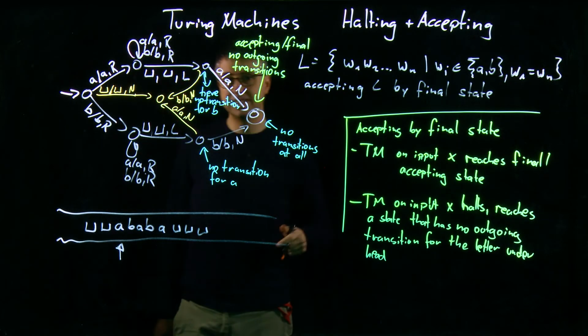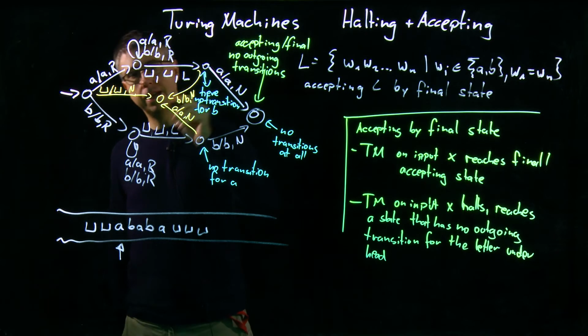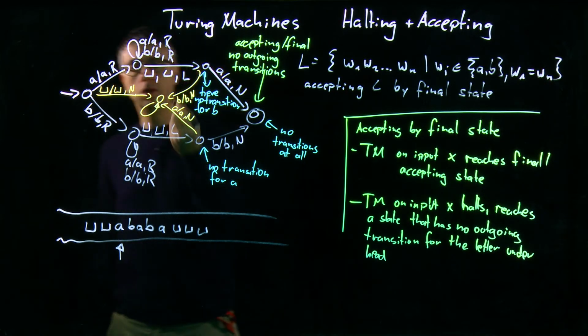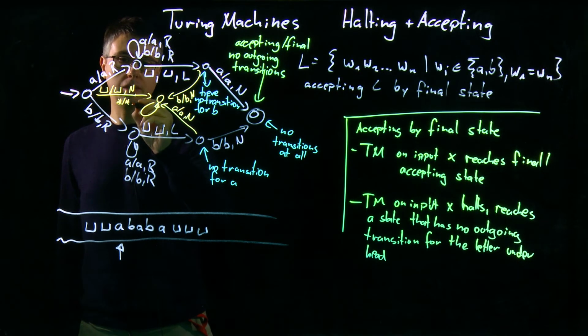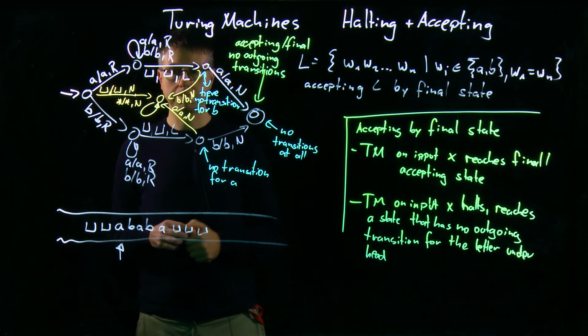This state here now is not accepting, but it would still halt. So in this case, we simply loop. So whatever we have, we don't care and we don't move the head, we just loop.